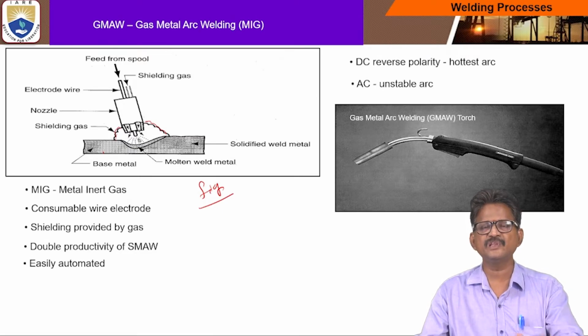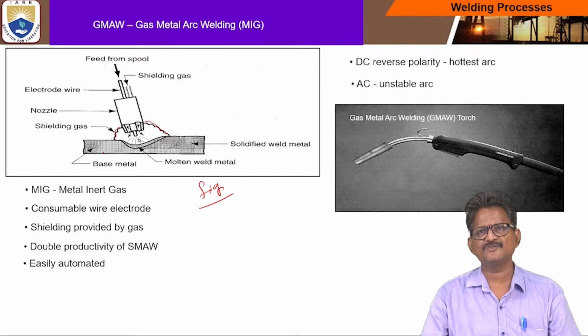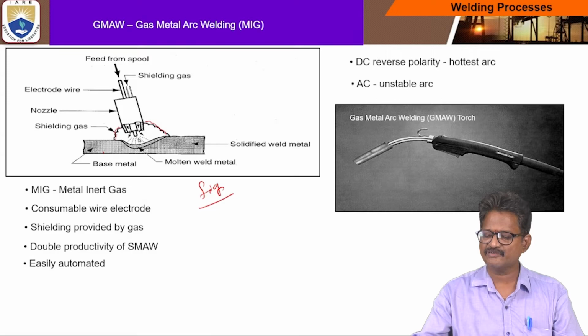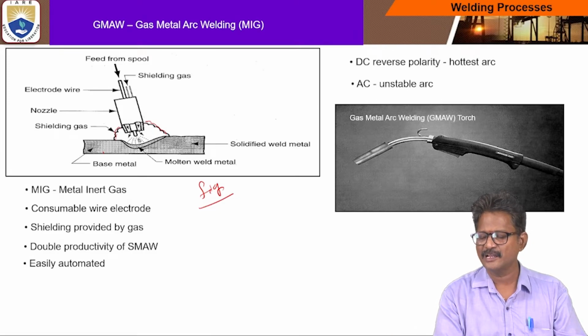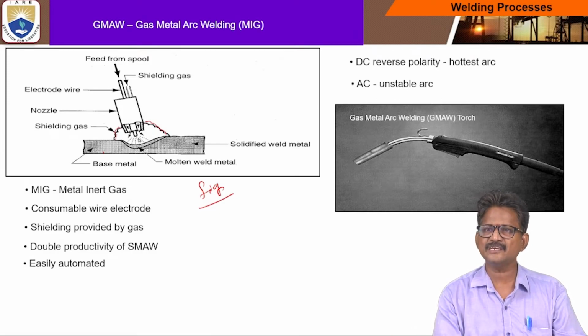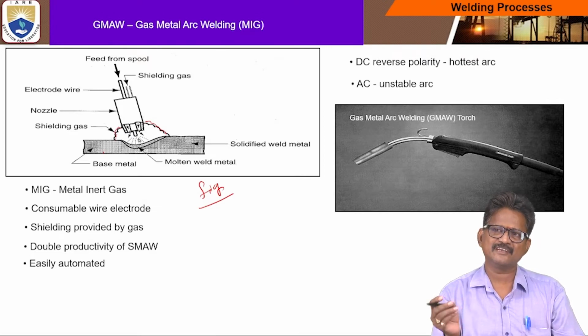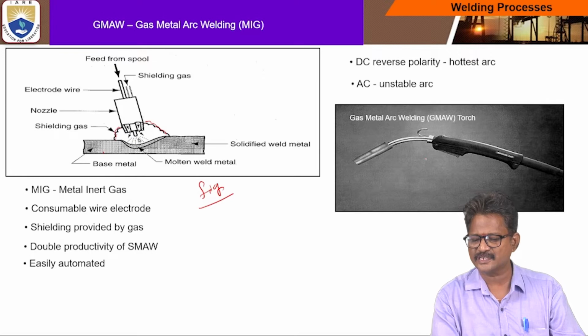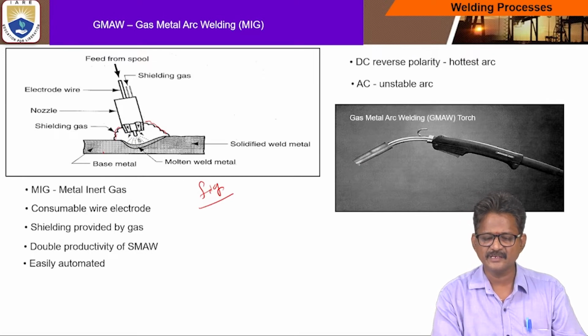So this is a simple diagrammatic representation of the gas metal arc welding process, and the torch comprises, in a three-dimensional diagram, how the gas metal arc welding torch is constructed. Inside there is a nozzle, and the electrode is kept inside.